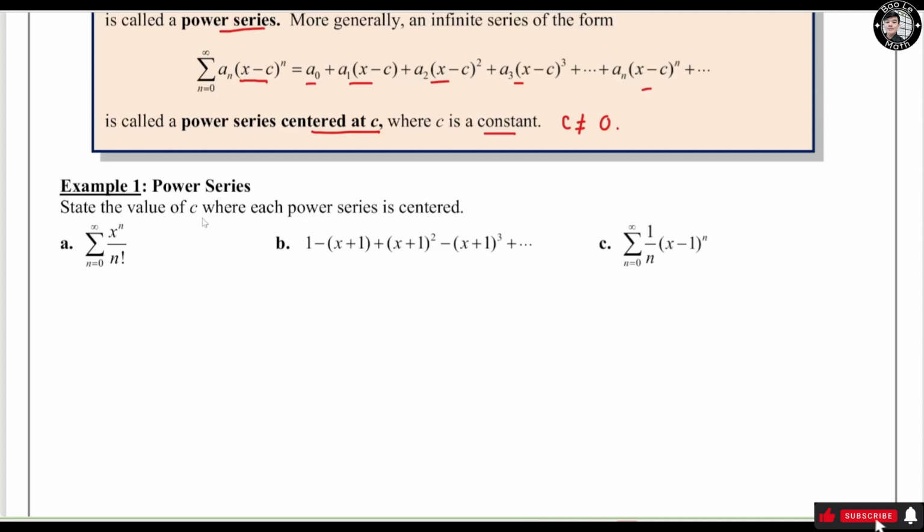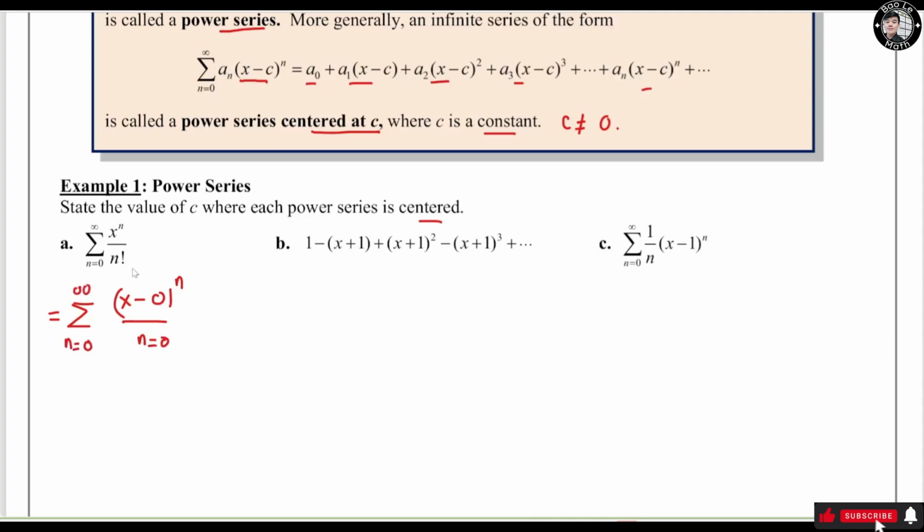State the values of c where each power series is centered. We just rewrite this one as the series of x minus 0 raised to the n over n factorial, when n goes from 0 to infinity.